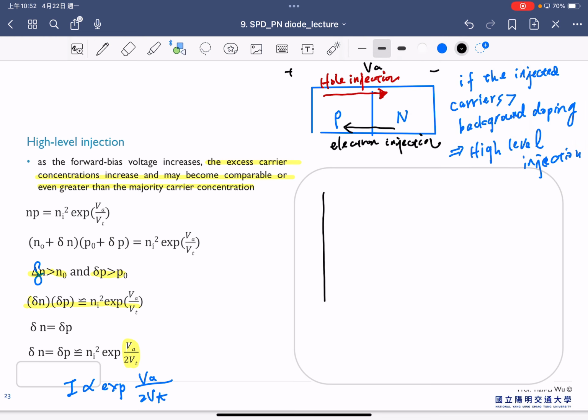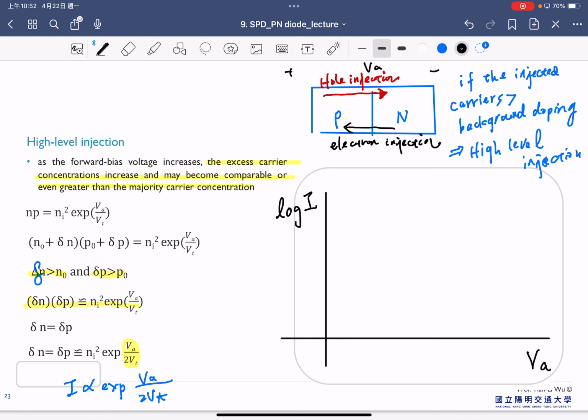So if you plot the log current versus the applied bias here, we all know some part is ideal.